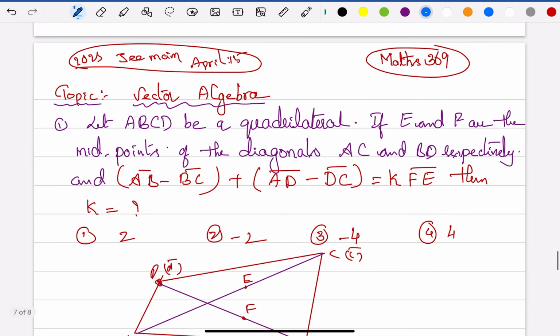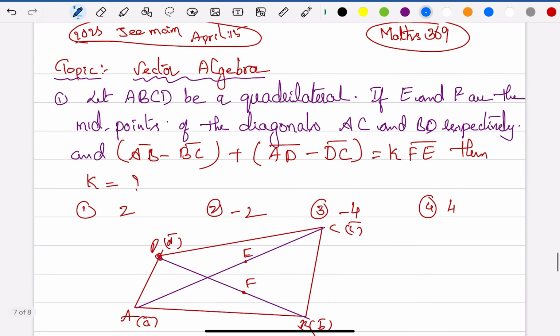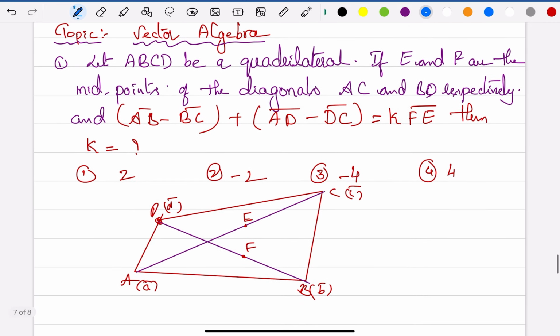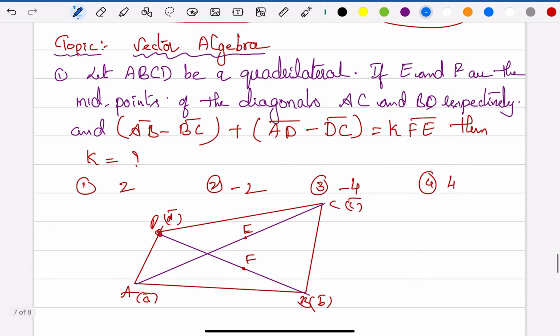So this is a 2023 JEE Mains April 15th question, based on the triangle property. ABCD is a quadrilateral.